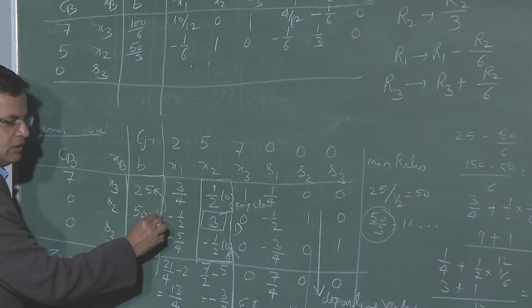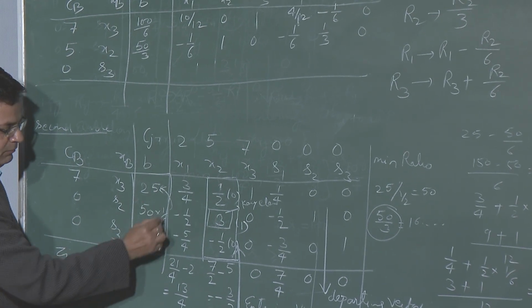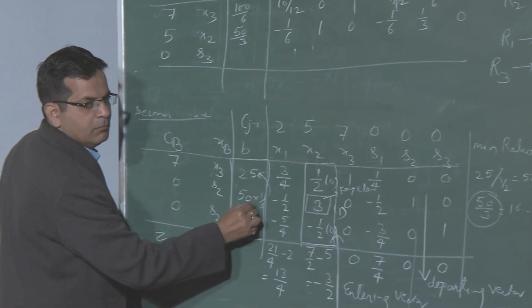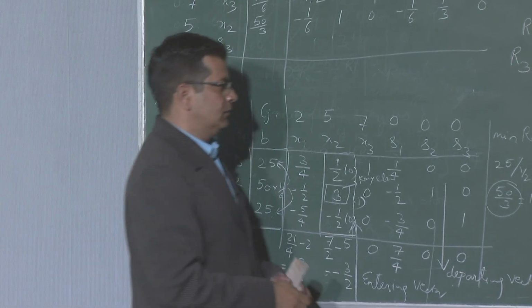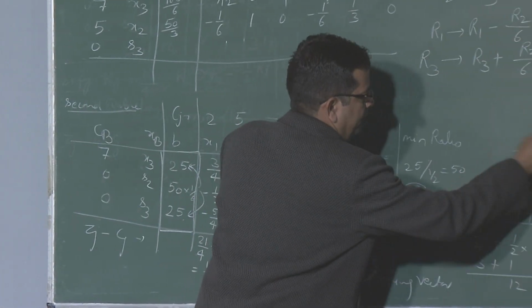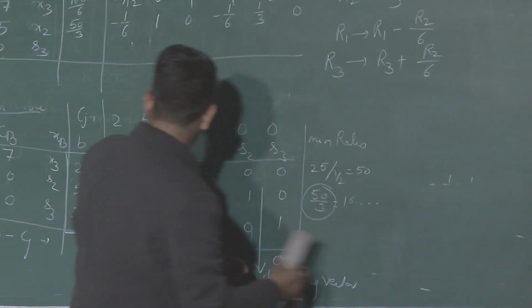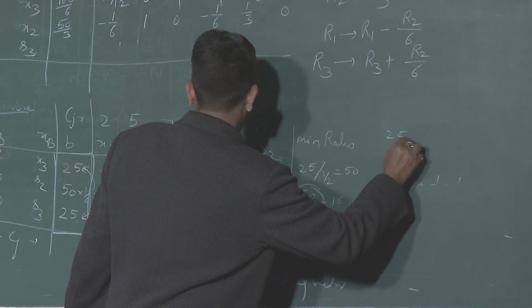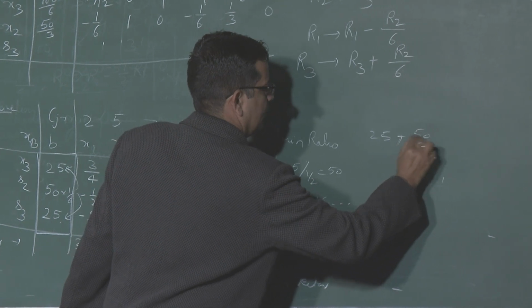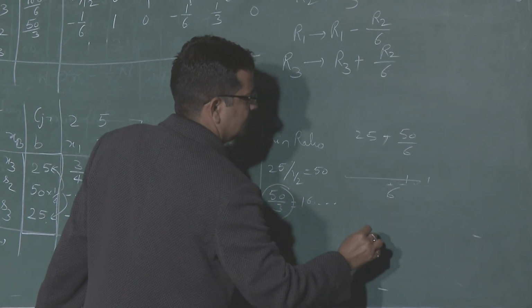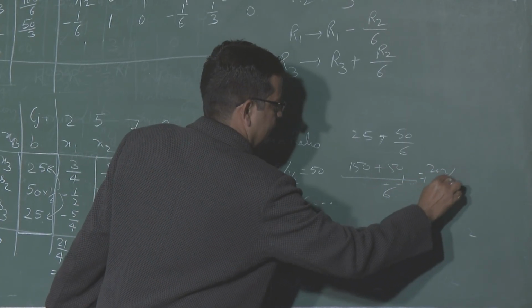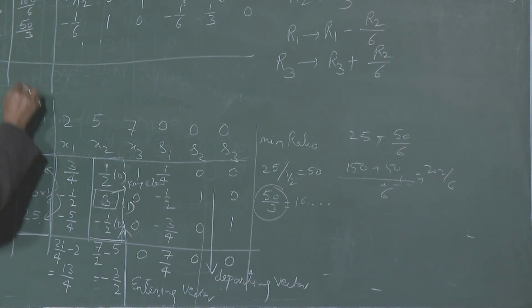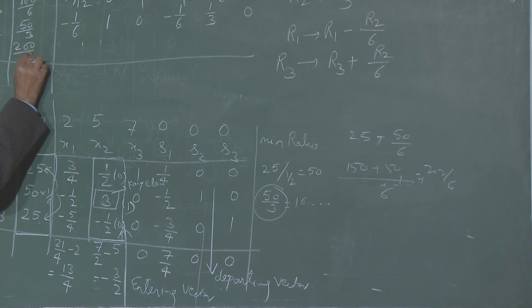So, 50 multiplied by 1 by 6, then add. So, what will be the answer? It is 25 plus 50 by 6, it is 200 by 6. So, here we will have the value 200 by 6.